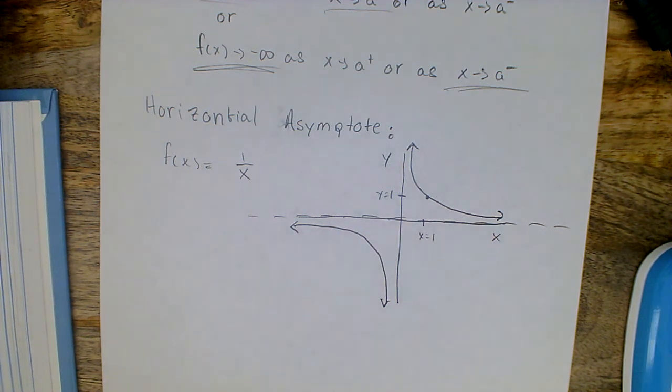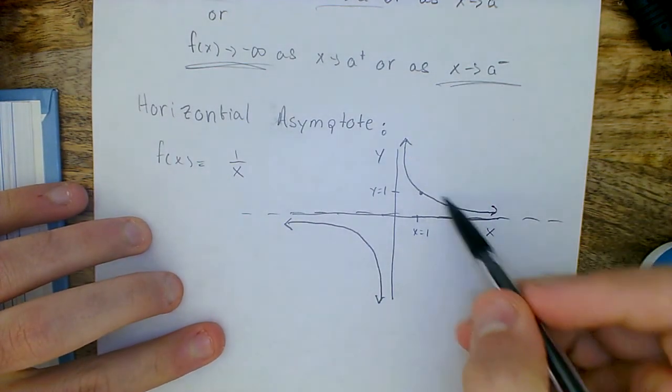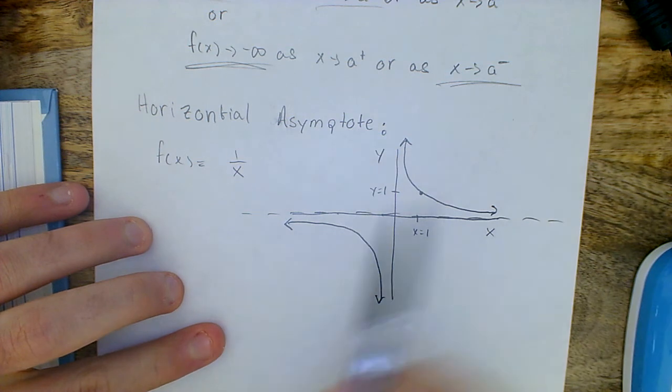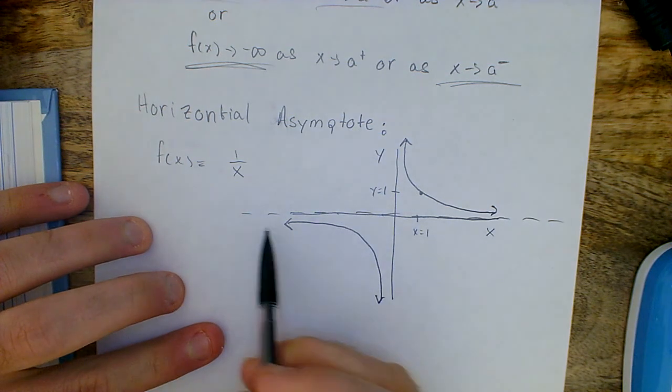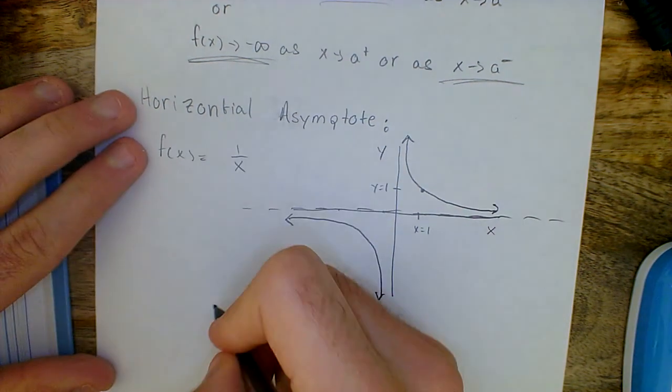Okay, so there are a couple types of horizontal asymptotes. There's this one, where it can come from above and just approach the number here. There's this one where it can come from below and approach the same number from below.